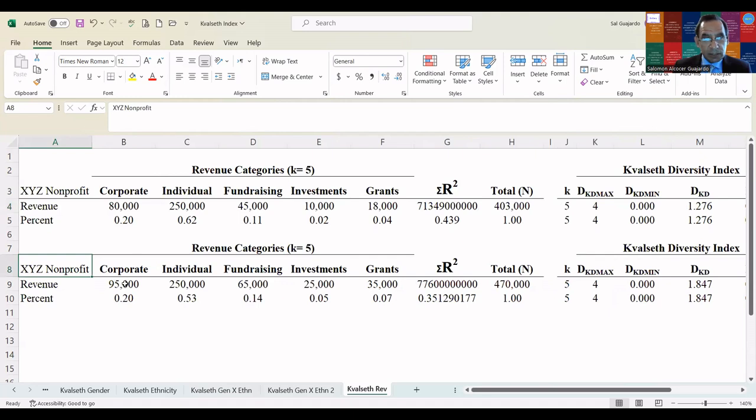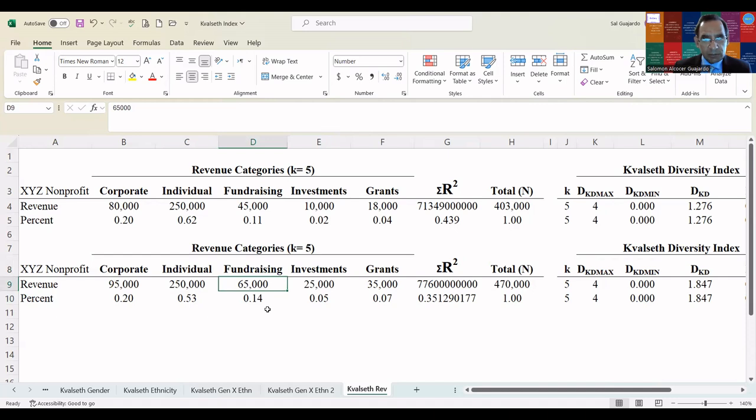Again, I did the revenue simulation. So I increased corporate donations to 95,000 from 80,000. That gives me a percent of 20%. I kept individual donations stable, constant, so it's 250,000 under the revenue scenario. Because I increased all the other revenue, the individual contributions now account for 53%.